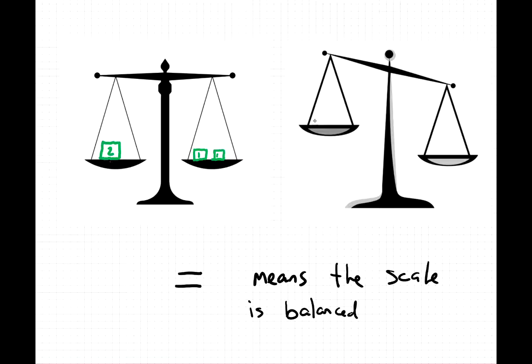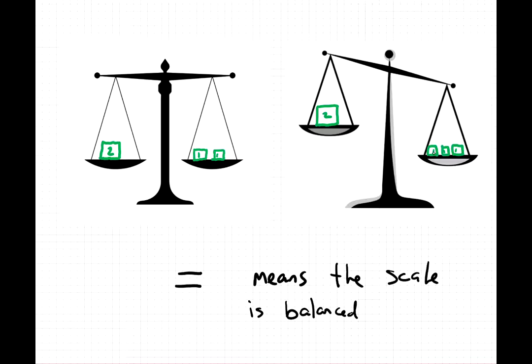Now if we had a 2-pound weight on the left and we had 3 1-pound weights, well, now the scale is no longer balanced. So in the case on the right, now the right-hand side weighs more, so the scale is tipped to the right-hand side.